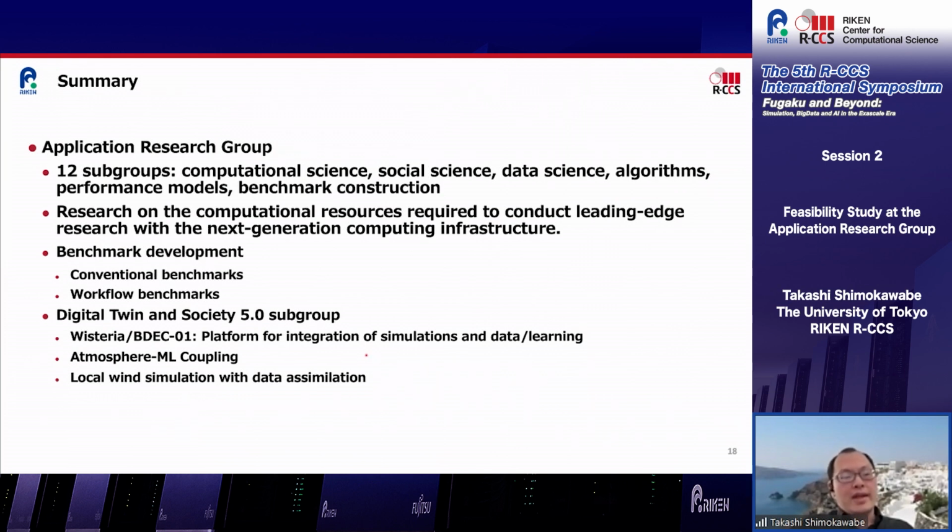Another goal is to provide benchmarks, both the conventional traditional benchmark, and also the workflow benchmark for the integration of simulation and machine learning. That is one of the examples.